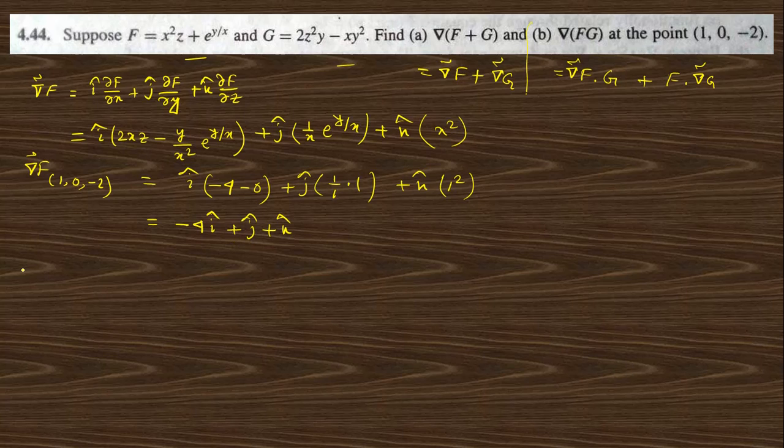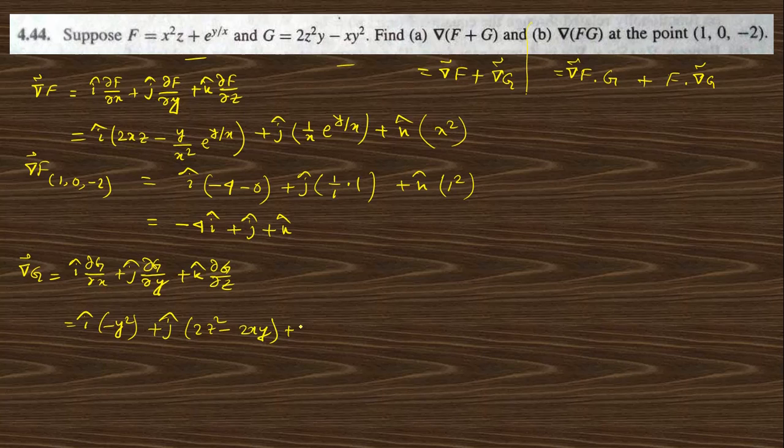Similarly, we can find the gradient of g. What is the value of gradient of g? i cap del g del x plus j cap del g del y plus k cap del g del z. So for i cap del g del x, if you differentiate with respect to x, there will be -y square, plus j cap del g del y, which means 2z square minus 2xy, plus k cap del g del z, and that means 4zy.